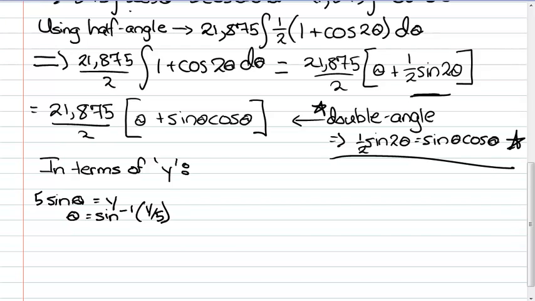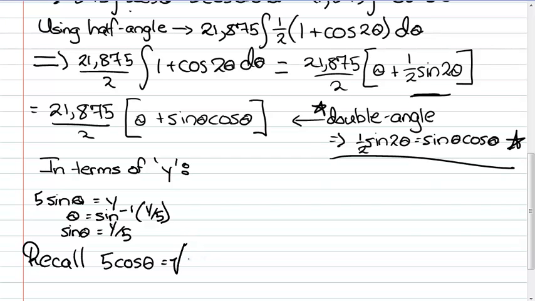Now we can do almost the same thing to solve for sine theta. Sine theta is just going to be y over 5. Now to find cosine theta, recall that 5 cosine theta is actually equal to our root, the square root of 25 minus y squared.